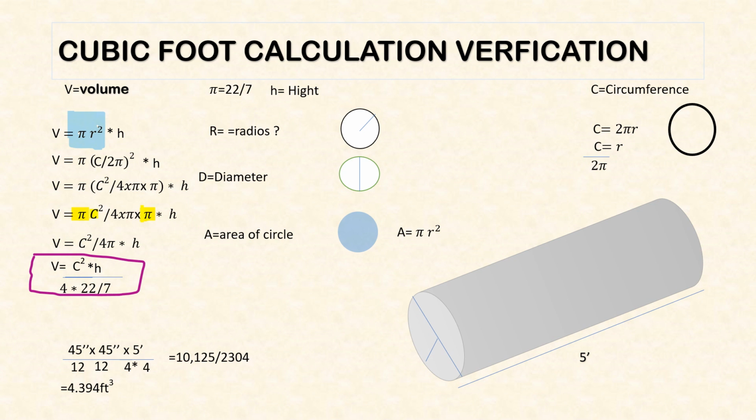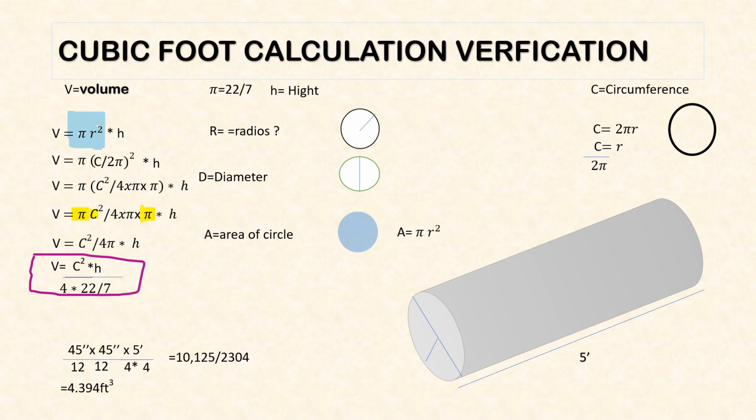Again, there is another formula that we have learned in primary mathematics in our GC ordinary level examination. If you can recall, that is C equals 2πR. C represents the circumference.